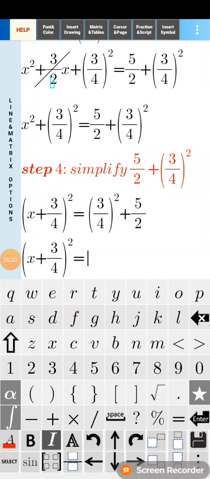That is, the square of 3 is 9 and the square of 4 is 16, plus 5, plus 5/2.